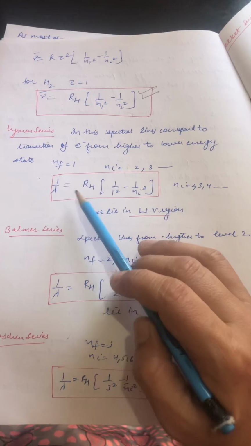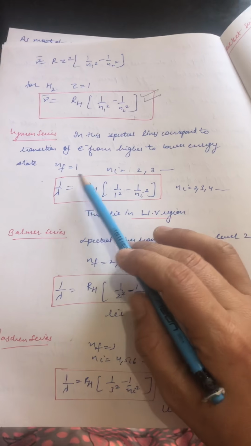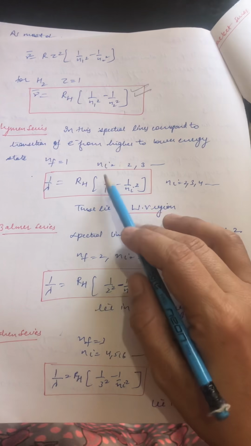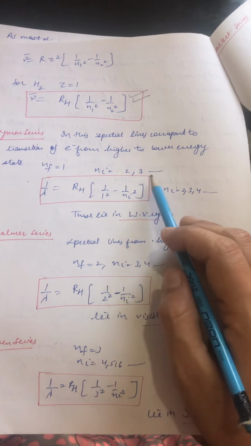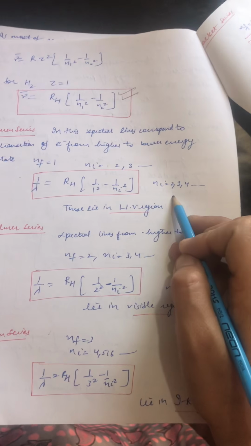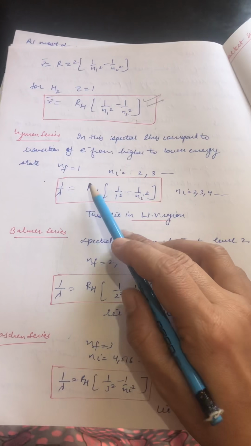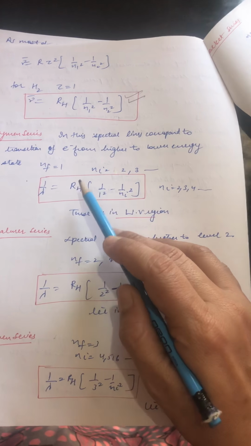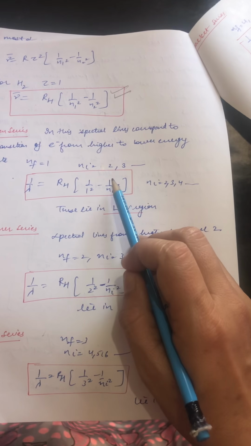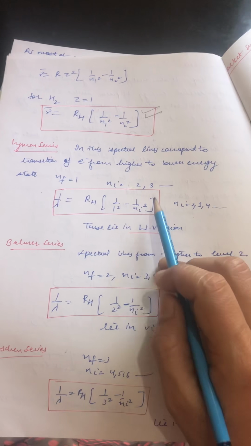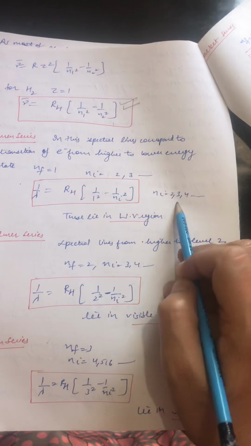So 1 by lambda is equal to RH, putting nf equal to 1 and ni equal to 2, 3, 4 and 5. It means when the electron jumps from any of the higher energy levels to the level n equal to 1, you obtain this type of thing.